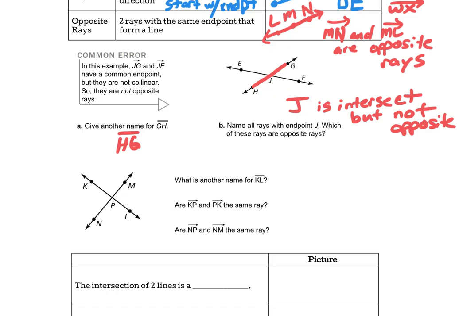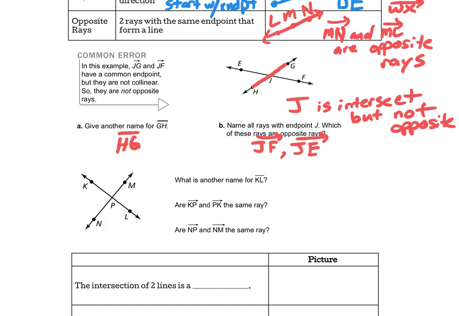Okay, name all the opposite rays of endpoint J. We kind of talked about this a few minutes ago. What's opposite of JF? Okay, be careful of the order though. JE.